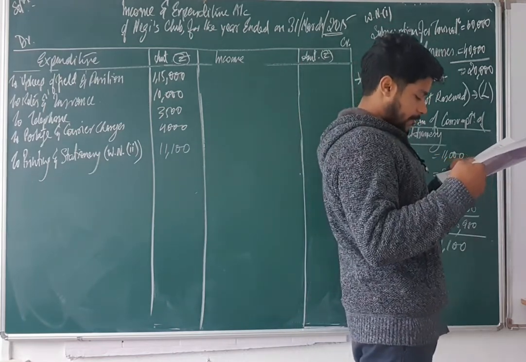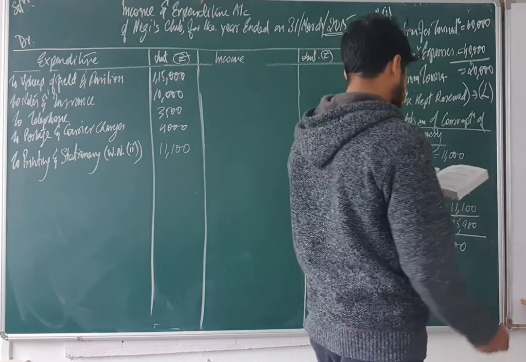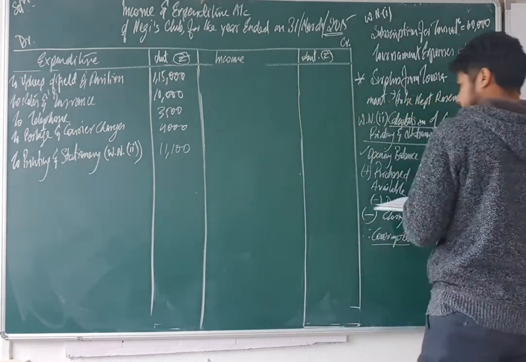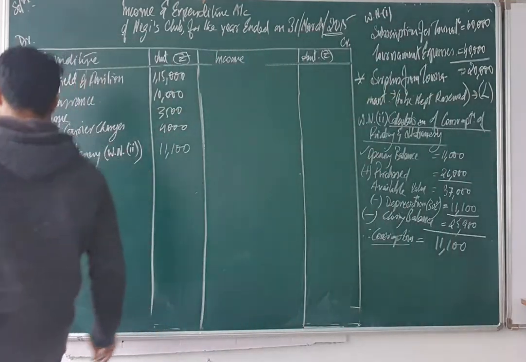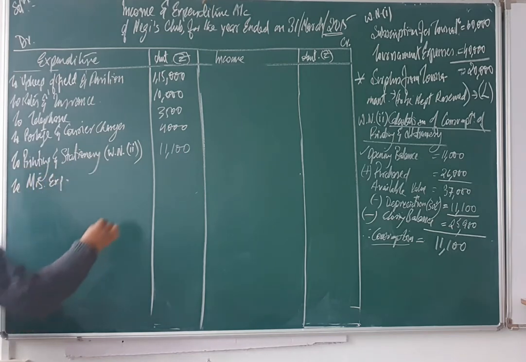Next, check. Miscellaneous expenses are given. We can write down straight away miscellaneous expenses. Miscellaneous expenses 4,400.